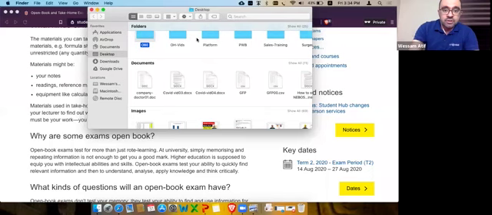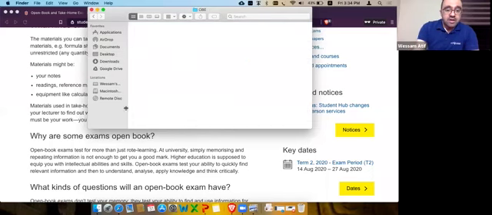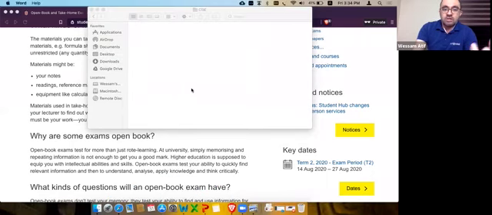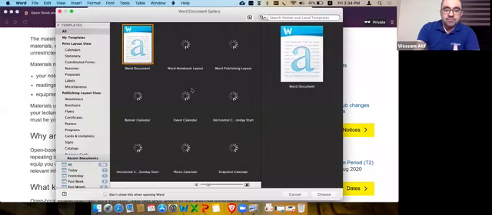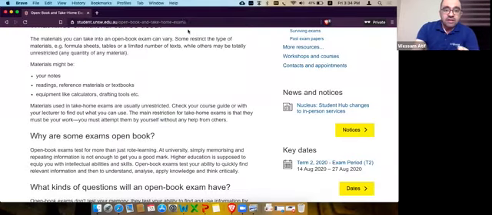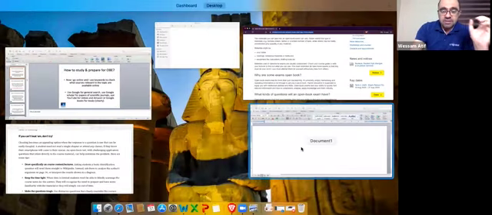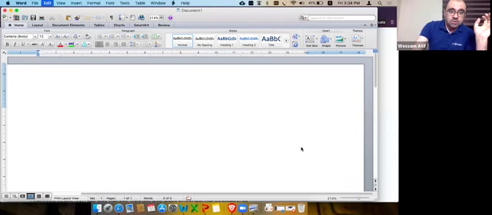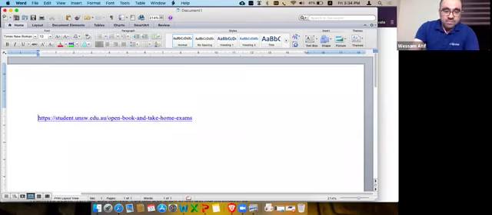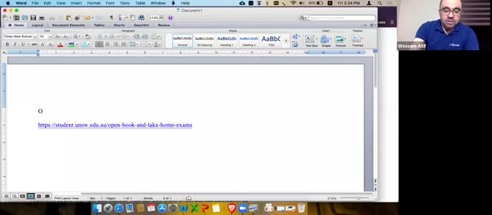So let's look for it. I will open it here and create a Word document for notes on the topic of open book exams, right? So I'll open a document so that I'll be organized. And I'll take the URL from here, copy it, and paste it in my Word document. This is the URL, and it falls under the heading of open book exams in universities, for example.